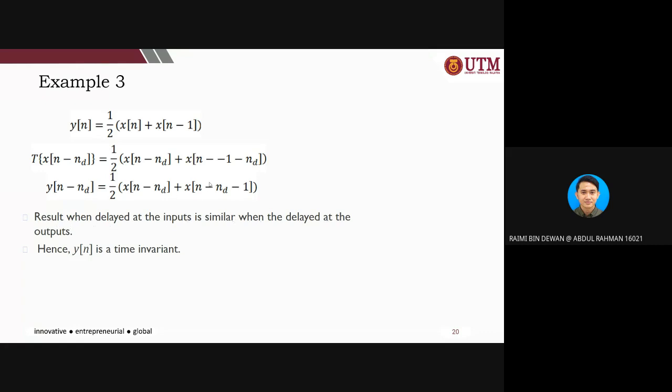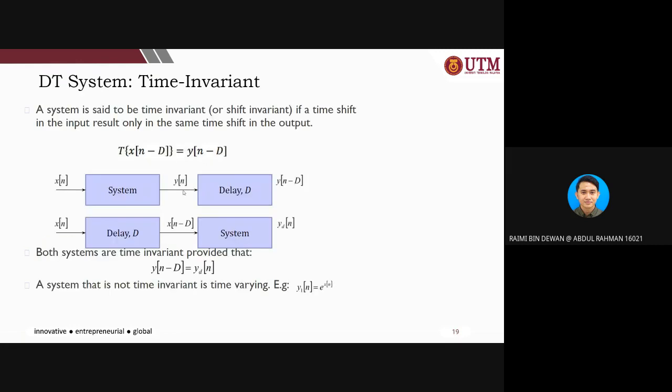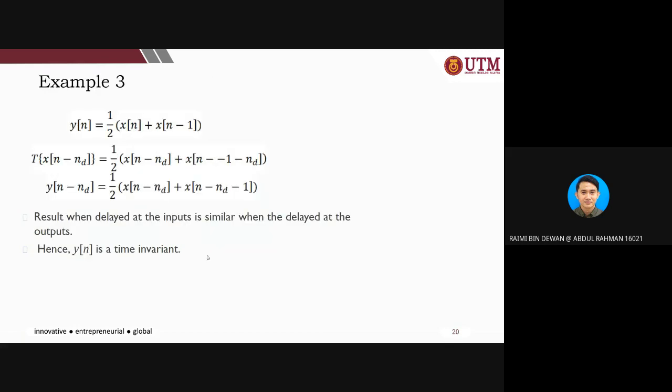So this is time invariant if both of them are the same, whether we delay at the output or we delay at the input. Hence, y[n] is time invariant. There is a bit of error here, because this one should have the same. I think this minus here, another minus, is an extra.